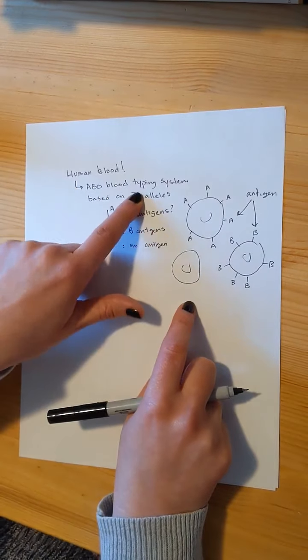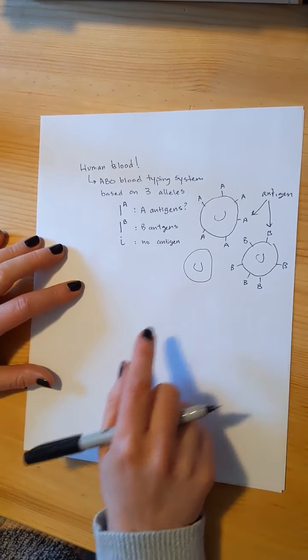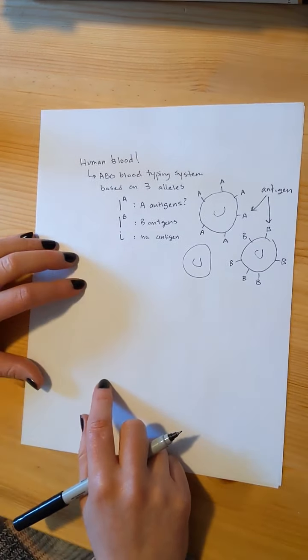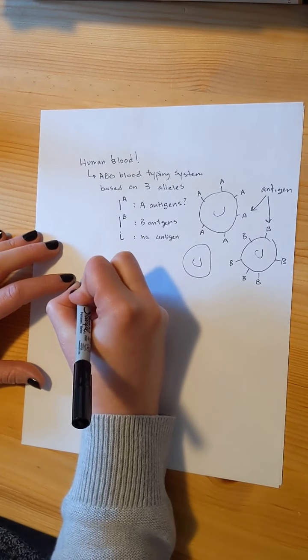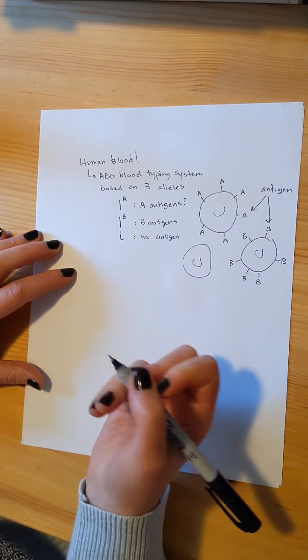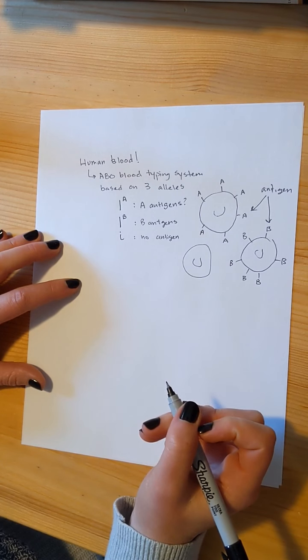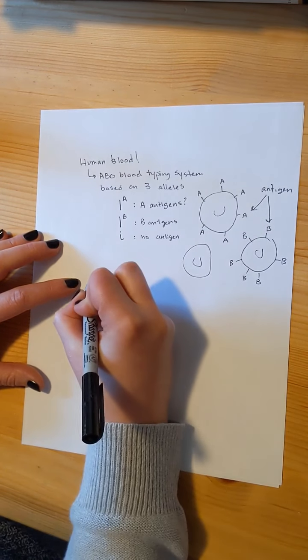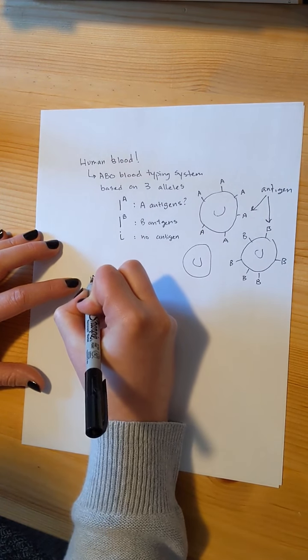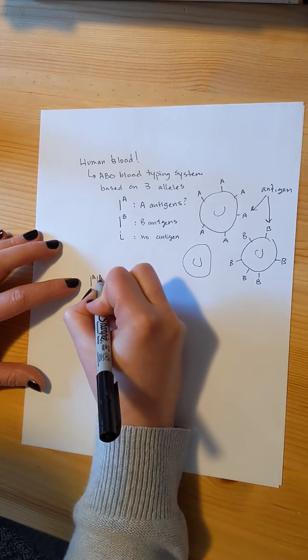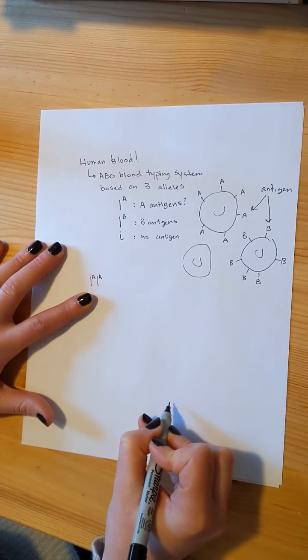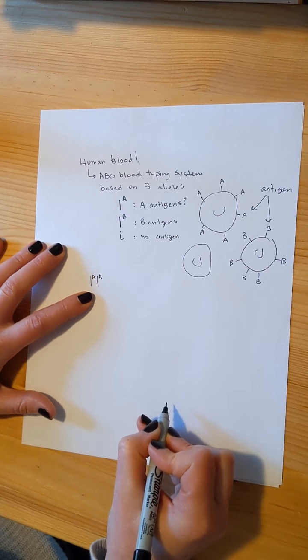So we have 3 alleles. Let's talk about the genotypes and phenotypes. The genotypes are either going to give you A blood, B blood, or O blood, or a fun 4th option. So if you have 2 of the A antigen allele, you have A blood.